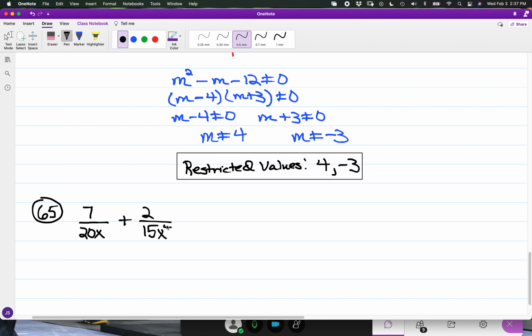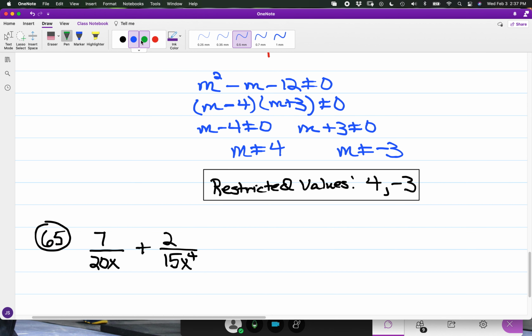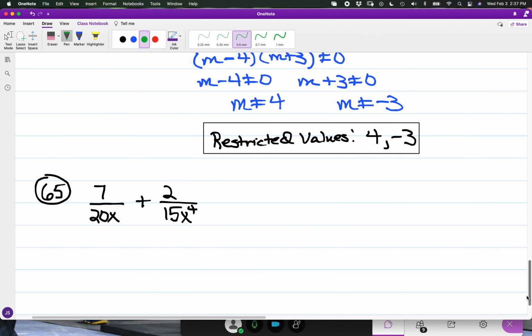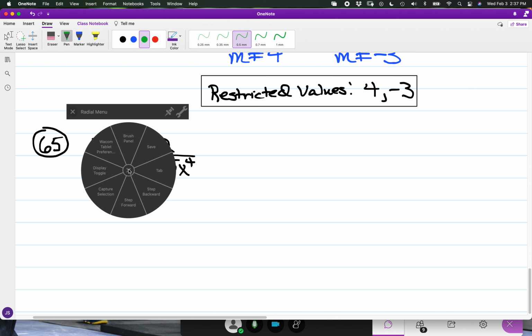Just carrying this out, this is just one approach. We're determining the least common denominator, and we're going to convert both of these fractions in terms of the least common denominator, since we're not working with an equation. So with our numbers, we have 20 and 15.